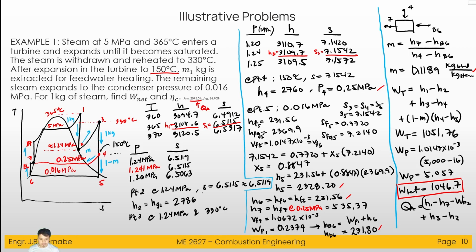So you have two heating stages, the original boiler heating and the reheating stage. The enthalpy we don't know yet is this pump work 2.